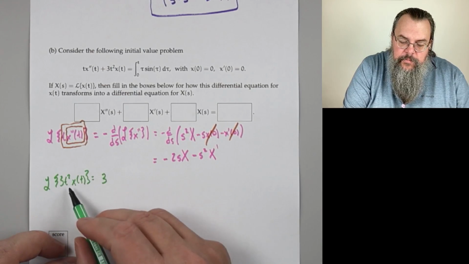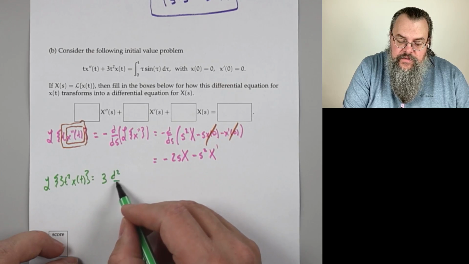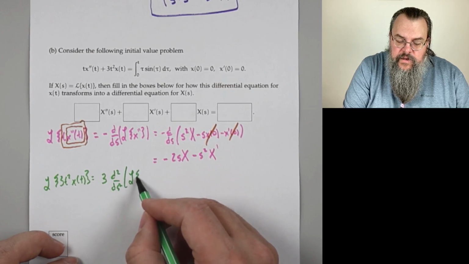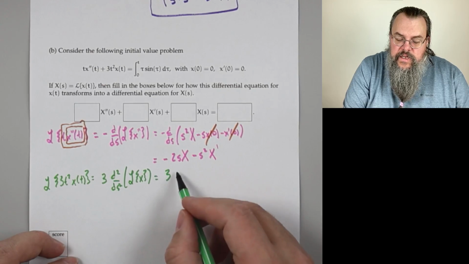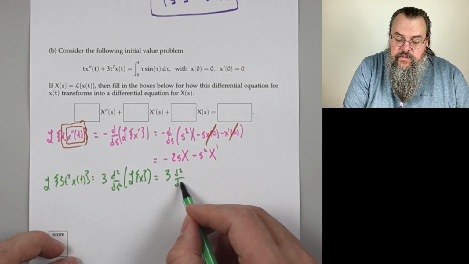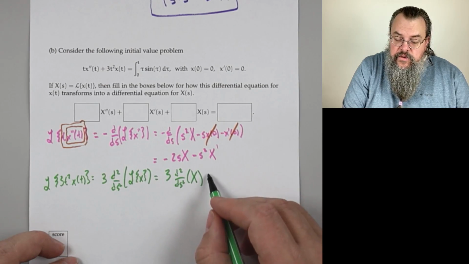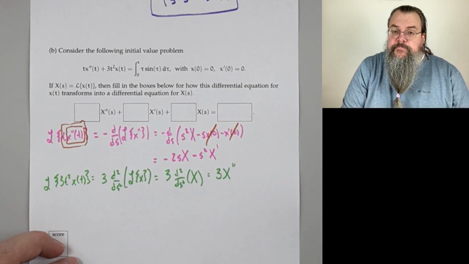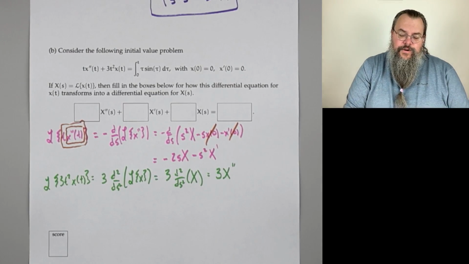This is minus 1 squared, which is a plus, second derivative of the Laplace transform of little x. Okay, so that's 3 second derivative of capital X, also known as 3x double prime. That one's actually easier. All right, cool.